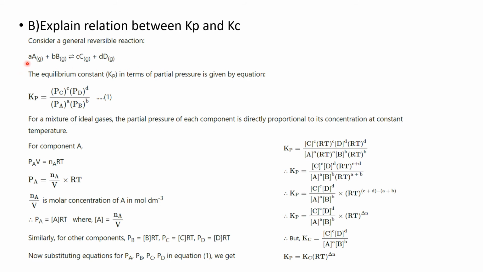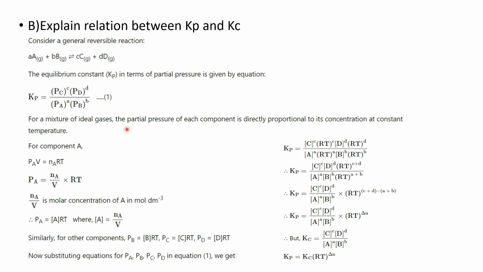That is, a moles of A combines with b moles of B gives c moles of C and d moles of D. The equilibrium constant Kp in terms of partial pressure is given by the equation Kp is equal to Pc raised to c, into Pd raised to d, upon Pa raised to a, into Pb raised to b, where Pa, Pb, Pc and Pd are the partial pressures of A, B, C and D.